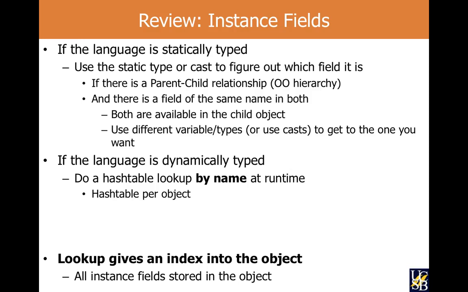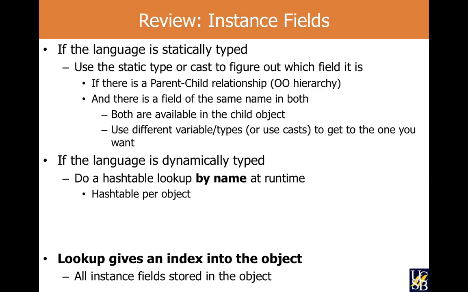If there is inheritance and there's a field with the same name in both a parent and a child, the child holds memory locations for both. That is, both are available. The names are just hiding each other. So, like I said before in a previous lecture, instance fields are hidden in an inheritance hierarchy, not overridden. So if they're hidden, we have to have a location for both.